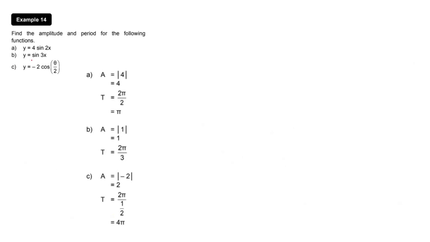Example 14, find the amplitude and period for the following function. y equals 4 sine 2x. We will compare each equation with y equals a sine alpha x and y equals a cos alpha x.